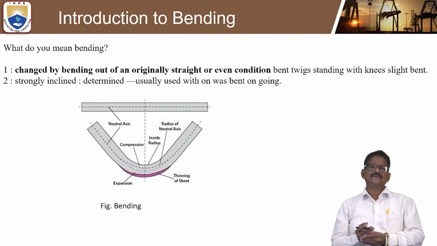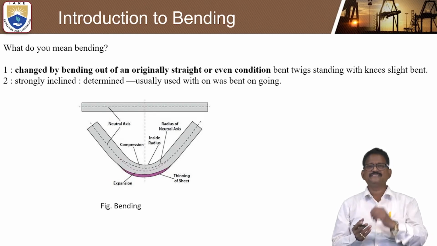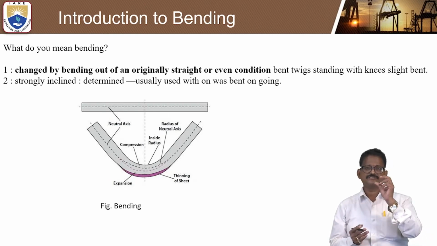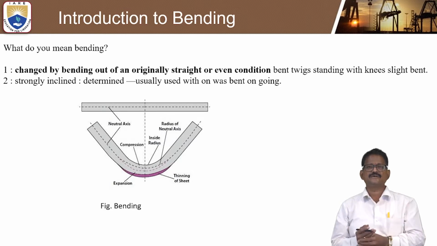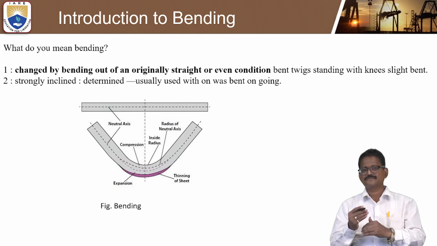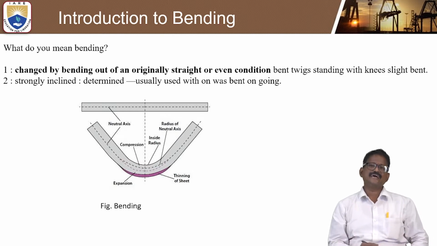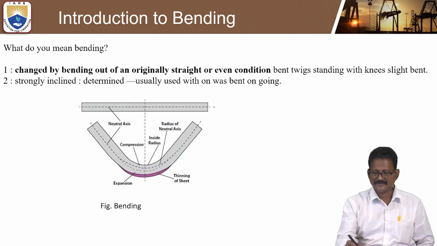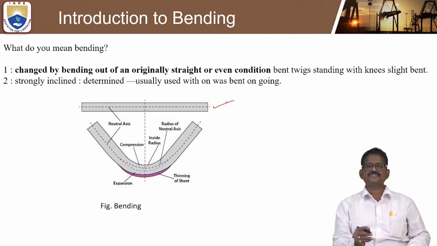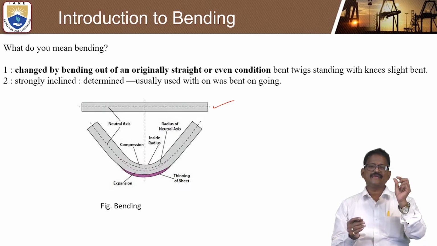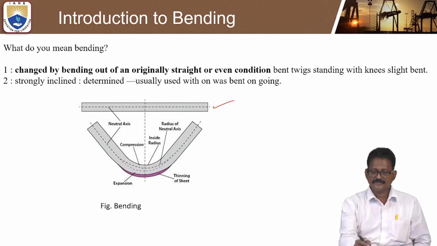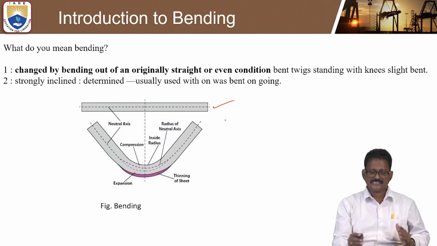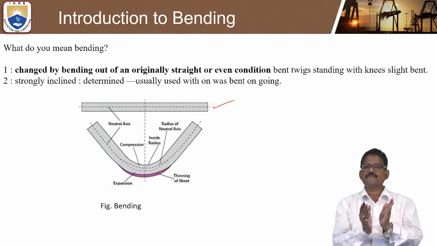Let us see what we mean by the bending process, the basic concept involved in it, and how we can explain it with the help of a simple diagrammatic sketch. Bending means there will be a straight sheet, workpiece or plate, and we transform it into a curved or bent one.